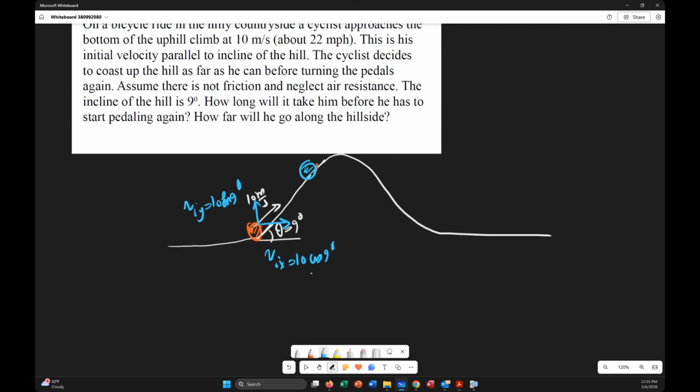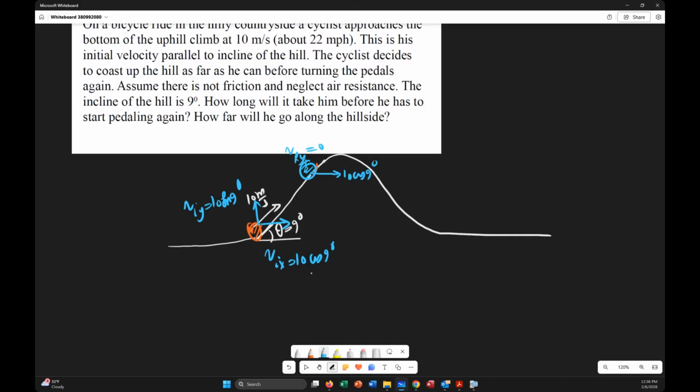So this velocity again is going to be 10 cosine 9 degrees, but the velocity in the y-axis is going to be 0. The velocity in the y-axis is 0 at the time that he decides to just start pedaling. Make sense? Because it's going to move to the right, but it's not going to move upward.